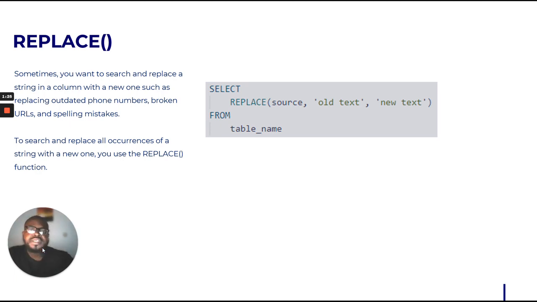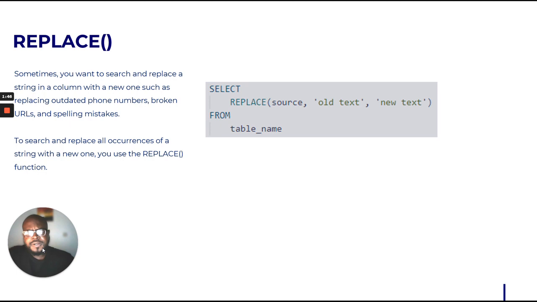It's just replace, then you state your source, which is the column where you want to find that string. Then you state your old text, which is the string you want to change, and then your new text, which is what you want to change that string to, and then from your table name.